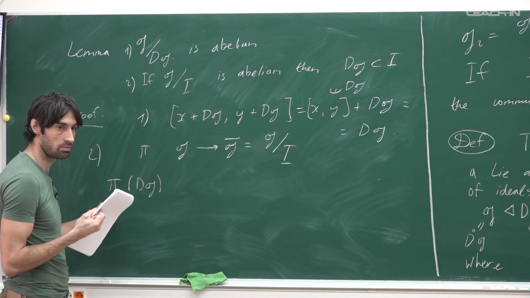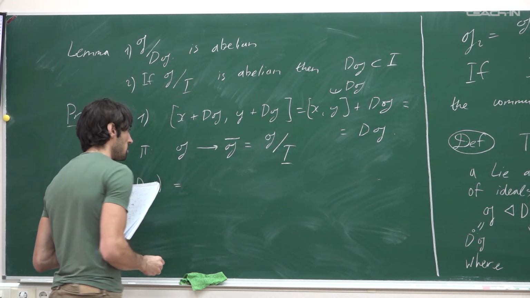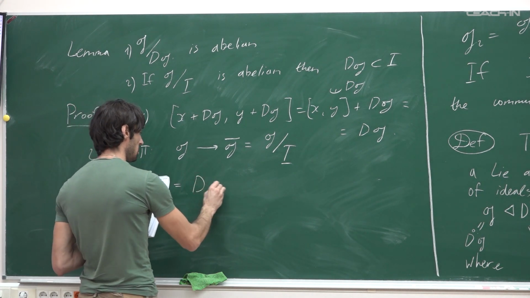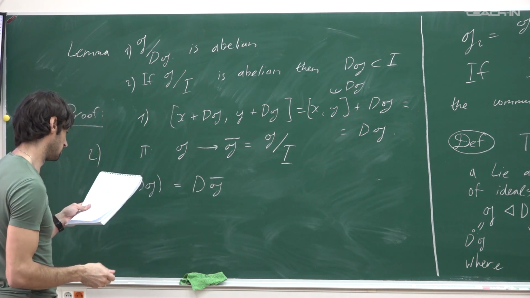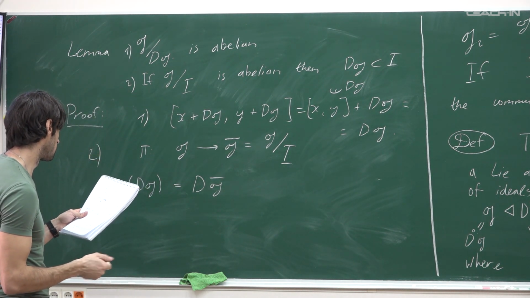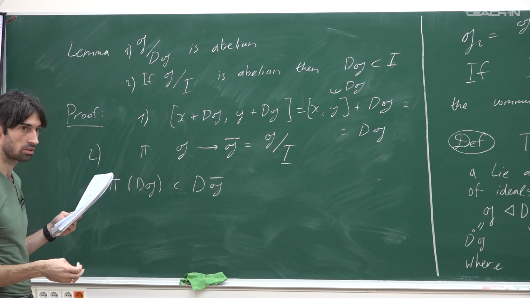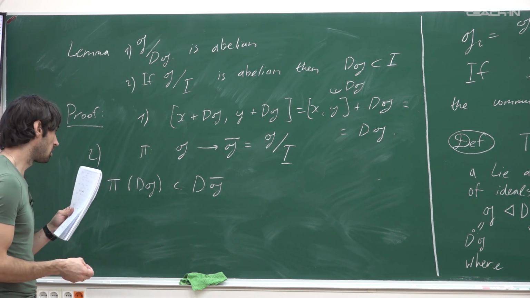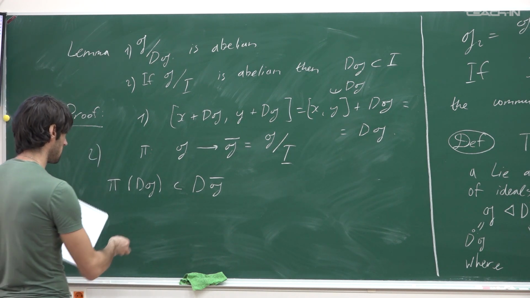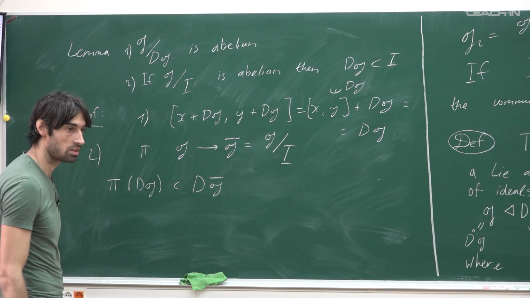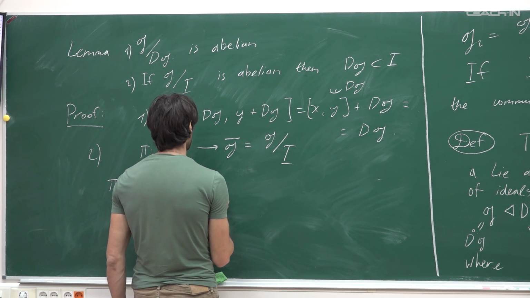This is a homomorphism, and therefore we have that this is D of G bar. At least the inclusion holds, but actually the equality is only for surjective homomorphisms. Well, it is surjective, yeah. But for any homomorphism, the inclusion is true. And this one is 0 by part 1.